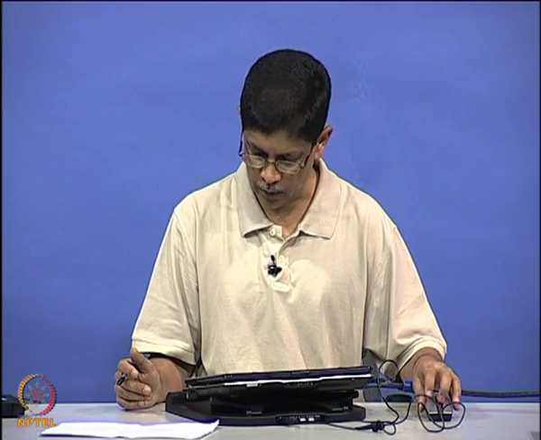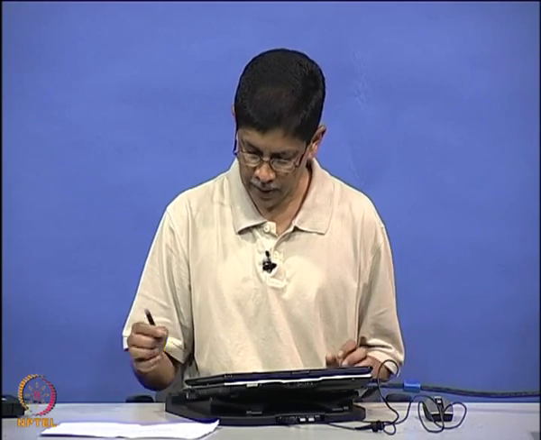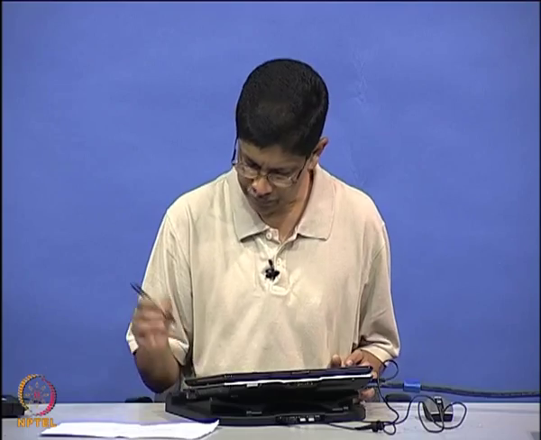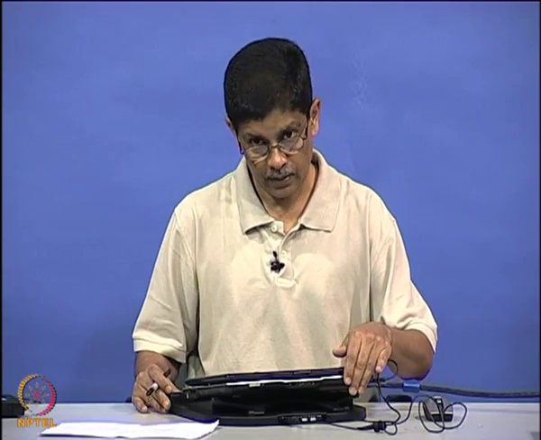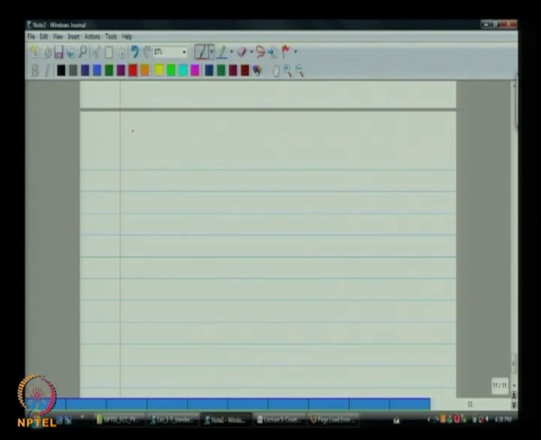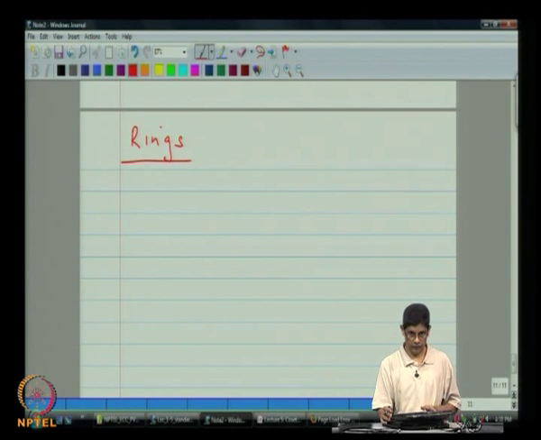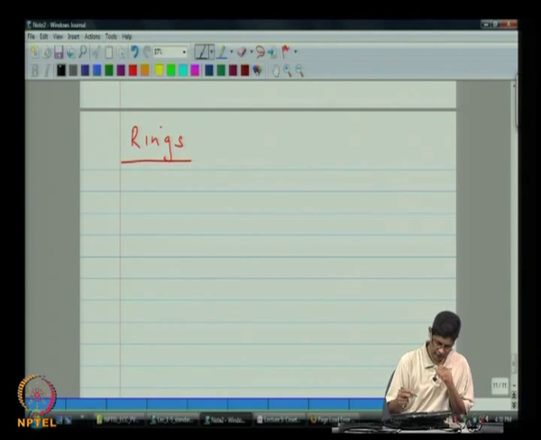So we are done with equivalence classes for now. So now we'd like to move on to talking about a fresh, a new type of algebraic structure which is called a ring. Okay. So what is a ring?